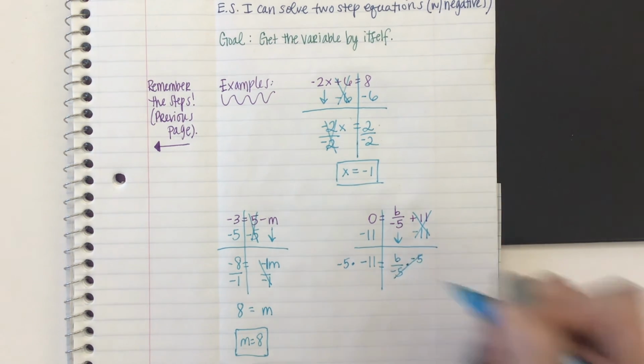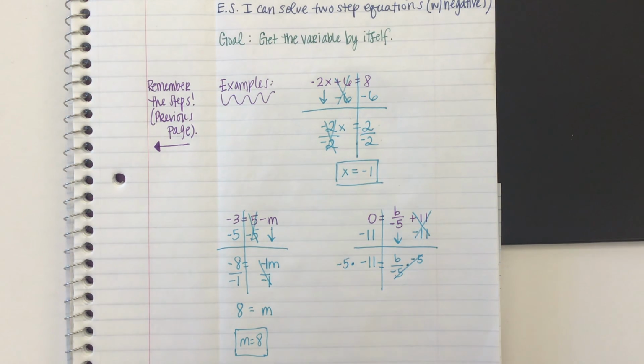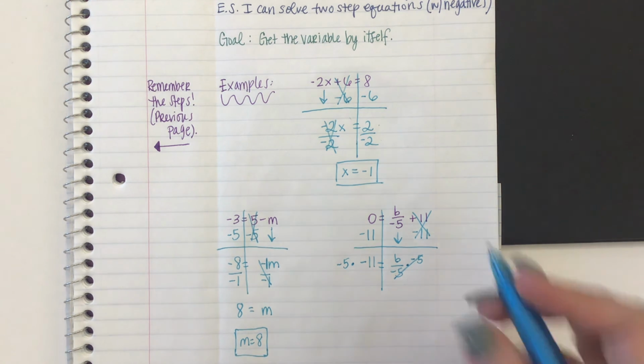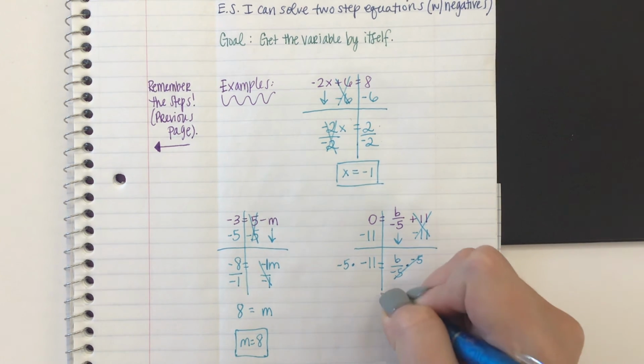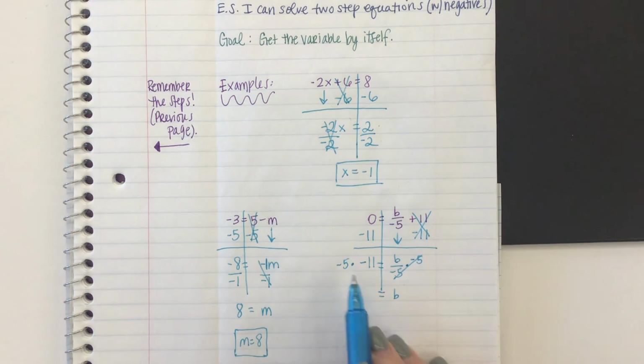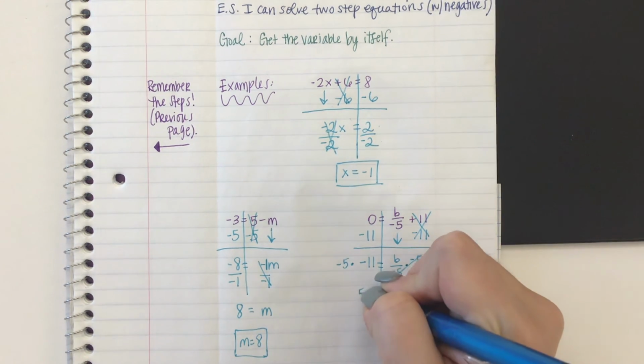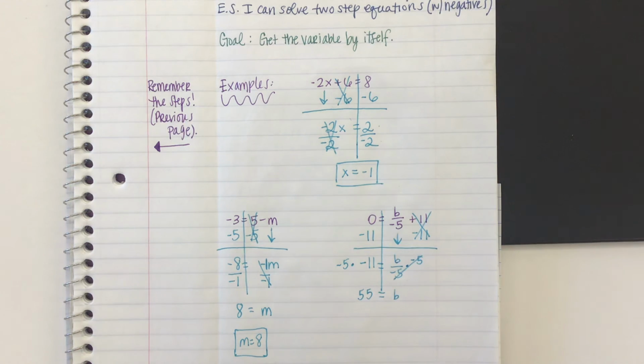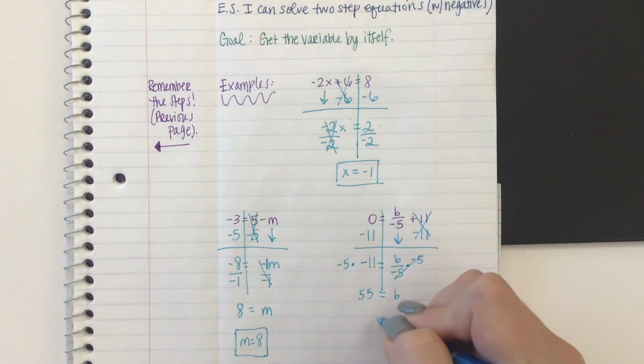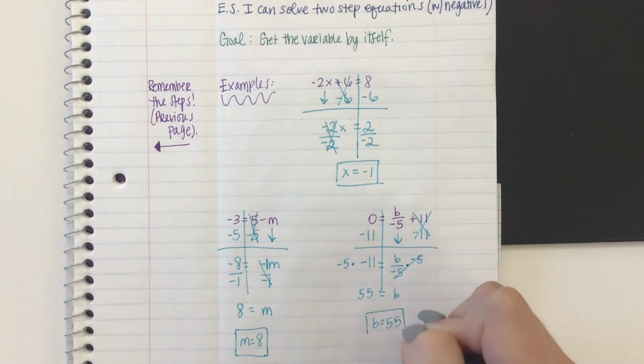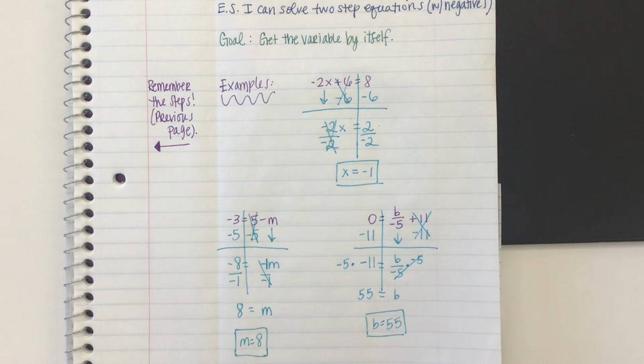So this goes away, and you can refer back to my previous example about why that is. And we have b is equal to -5 times -11 is +55, because a negative times a negative is, in fact, a positive, so b is equal to 55.